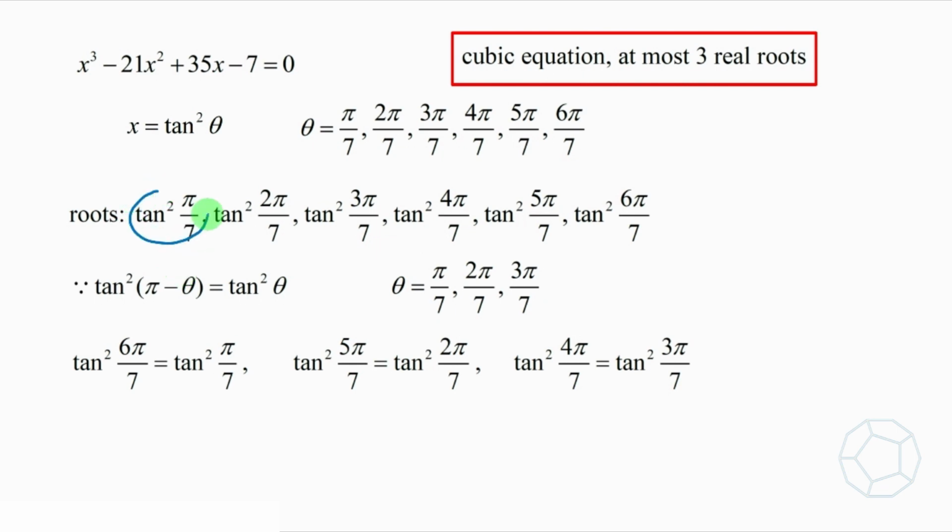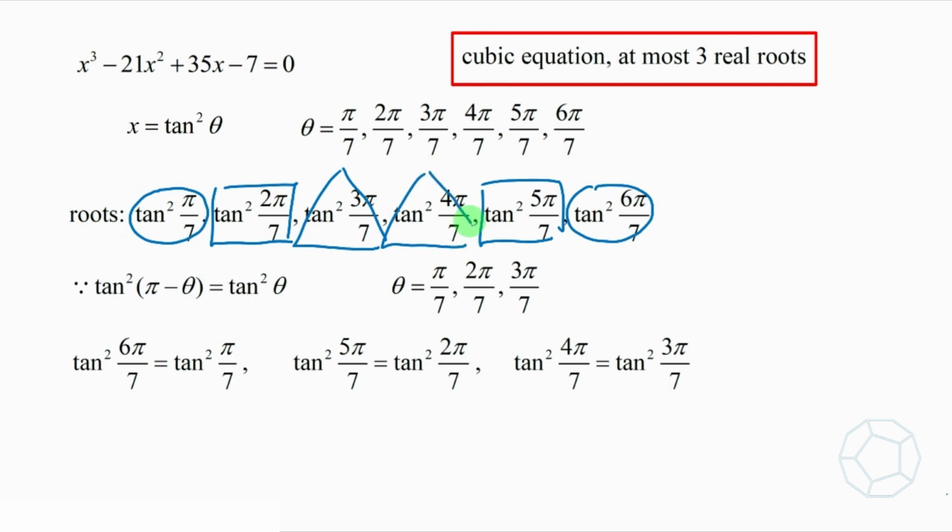We can see that 1 and 6 as a pair, 2 and 5 as a pair, 3 and 4 as a pair. Therefore, the 3 distinct real roots of the equation are tangent squared pi over 7, tangent squared 2 pi over 7, and tangent squared 3 pi over 7.